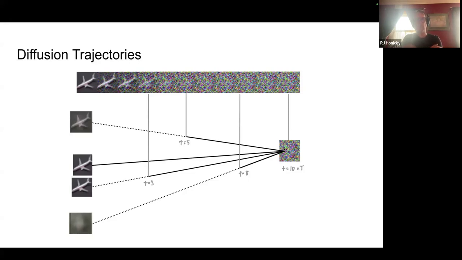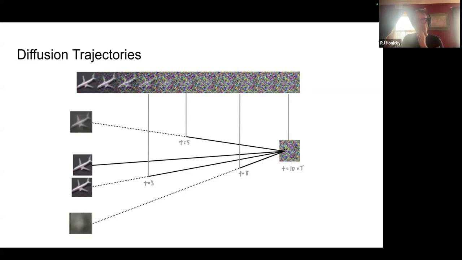Let's look at the bottom, t equals 8. So time goes kind of backwards here. Left hand is t equals 0, right hand is t equals 10, and t equals 8 is two to the left of t equals 10. Because the backwards diffusion process goes backwards in time.